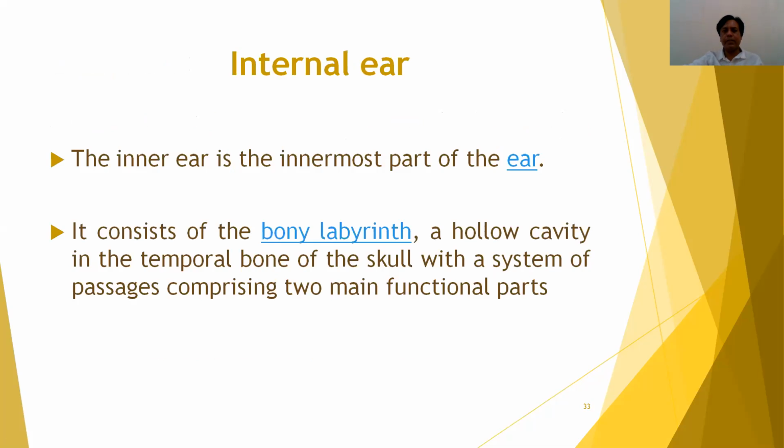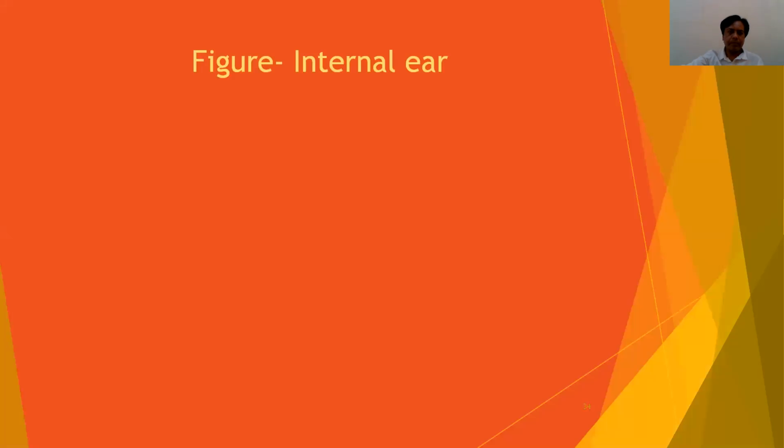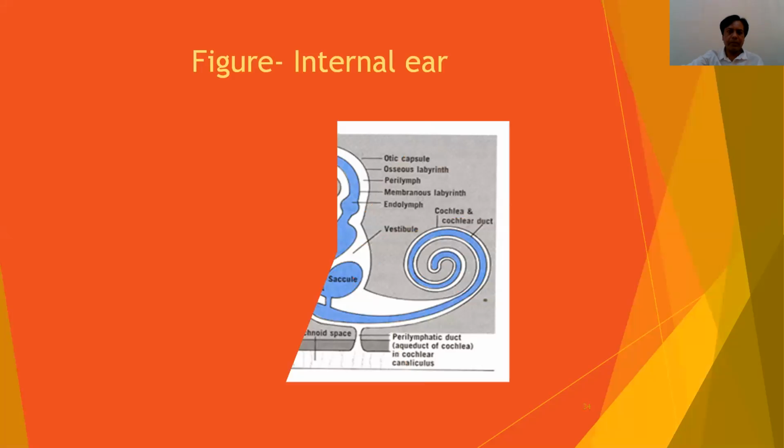Then coming to internal ear, the inner ear is the innermost part of the ear. It consists of the bony labyrinth, a hollow cavity in the temporal bone of the skull, with a system of passages comprising two main functional parts. Figure of internal ear.